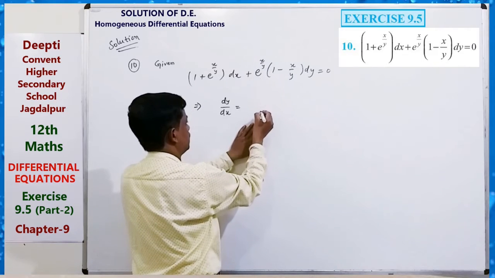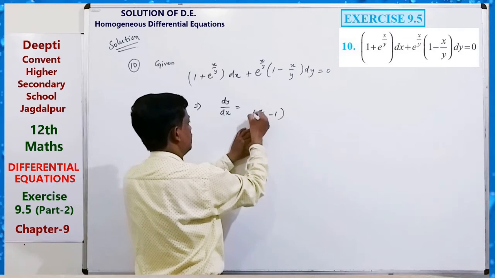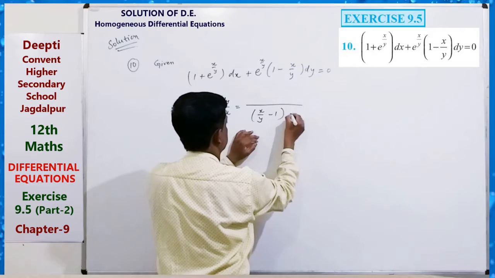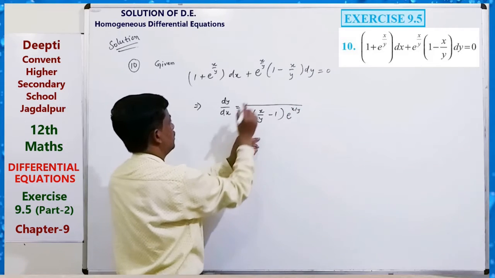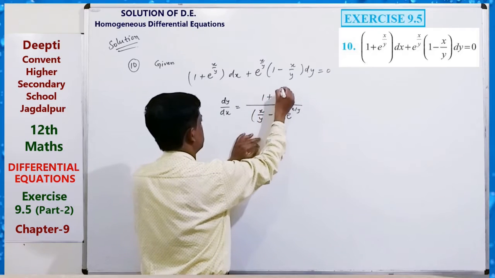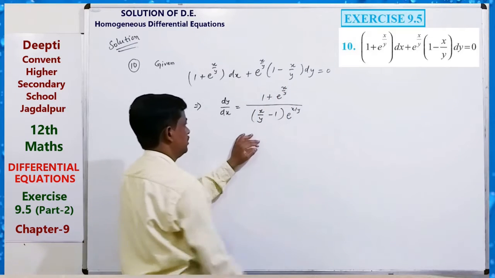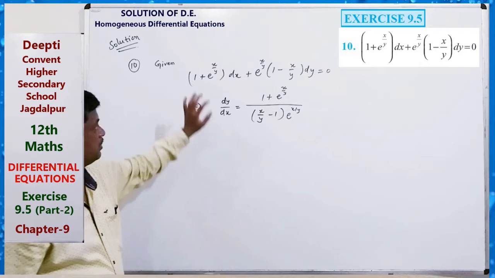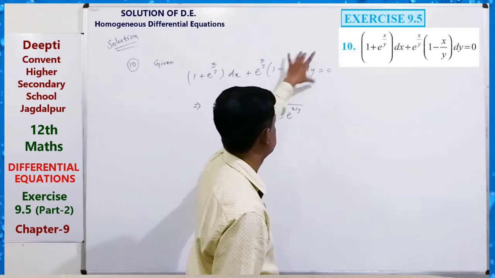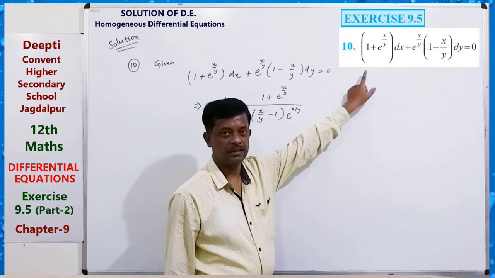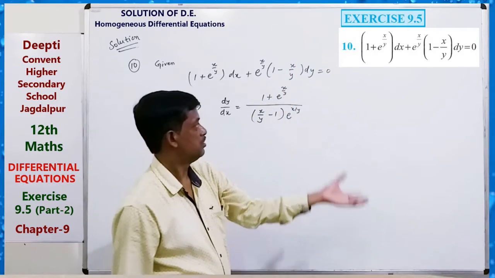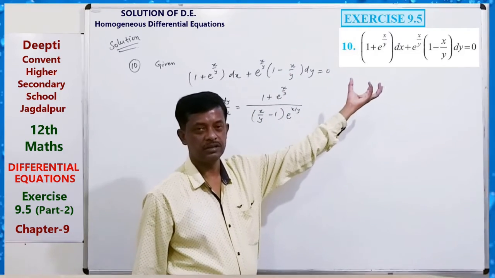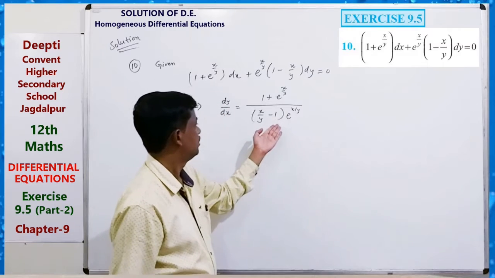So dy/dx = -(1 + e^(x/y)) / (e^(x/y)(x/y - 1)). The minus can be adjusted like x/y minus 1, so that is the coefficient of dy, divided by that part.